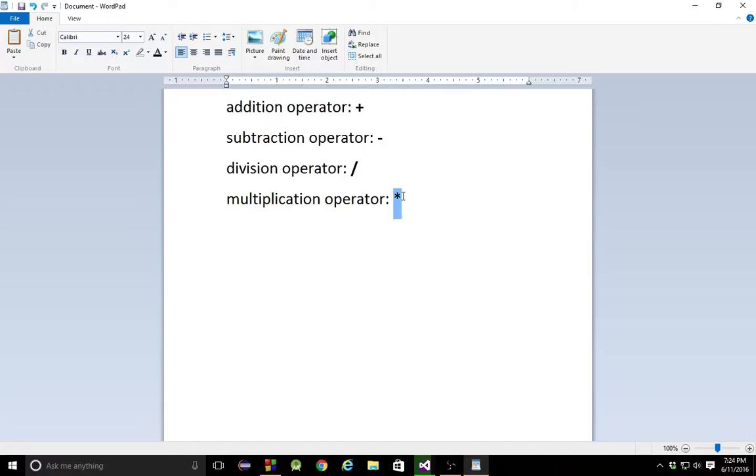So let's bold that asterisk over there. Okay. There's one more operator, well, 2 more actually that I want you guys to know for today's lesson, and that is the modulus or remainder operator, which is the percent sign.